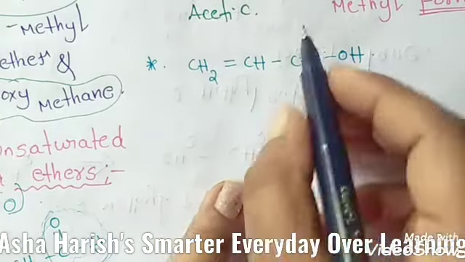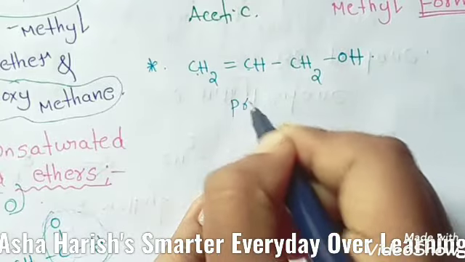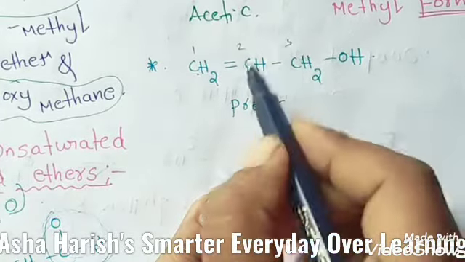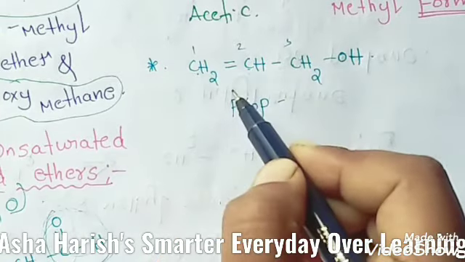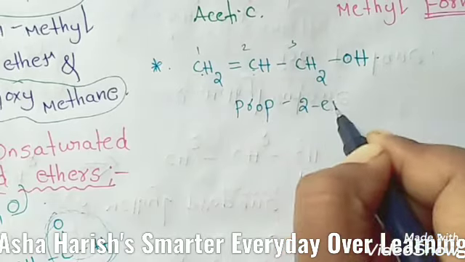See in this example, here also there are 3 carbon atoms, 1 2 3, so the root word is prop here. At the second carbon the double bond is located, so 2-ene.